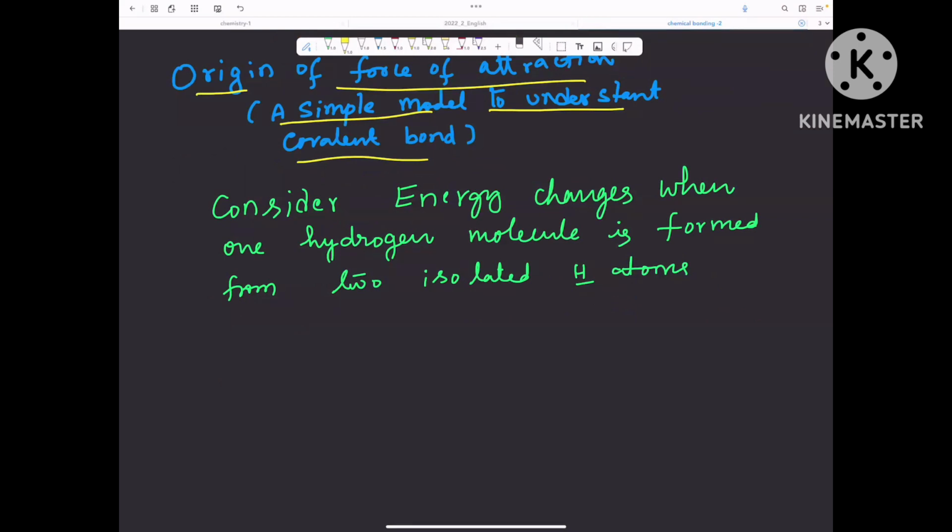Please note that hydrogen atoms do not follow the rule of octet, because one hydrogen atom has 1 electron, and another hydrogen atom has 1 electron. Now they commonly share their electron pair, so we get a hydrogen molecule.